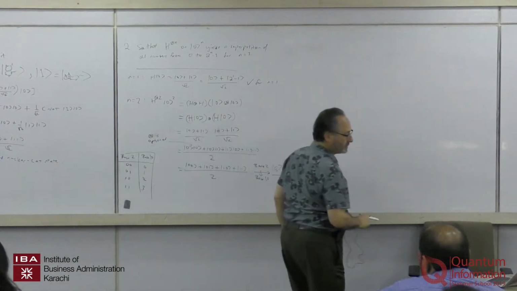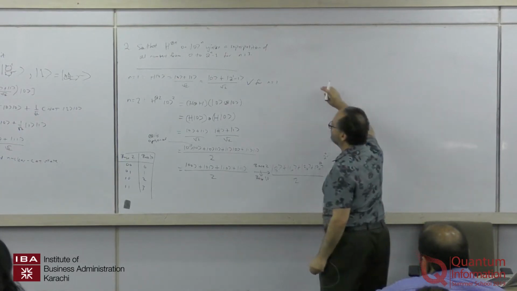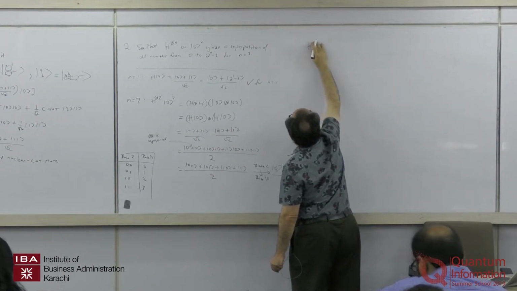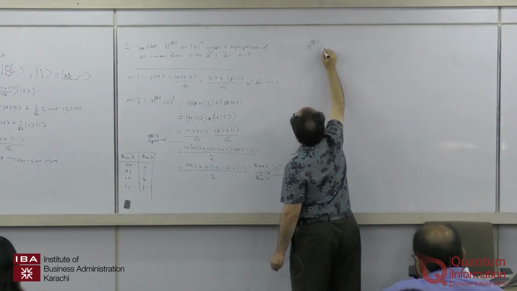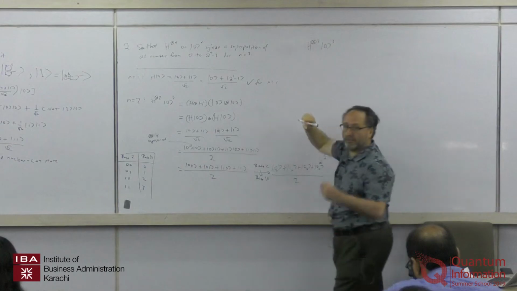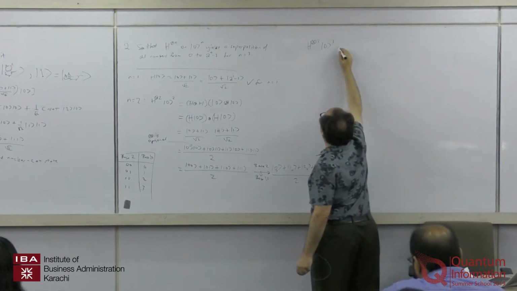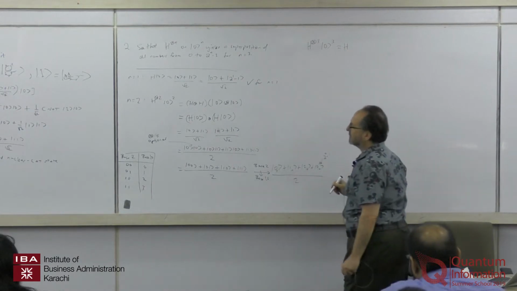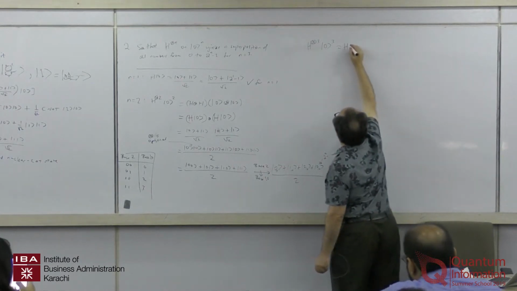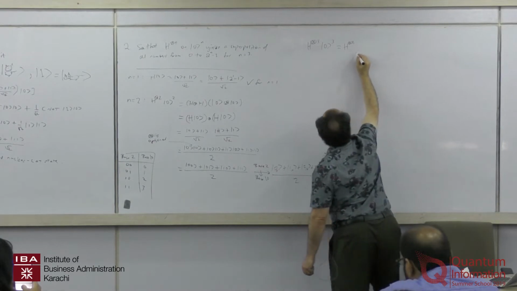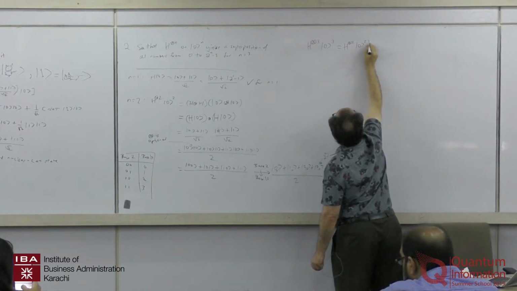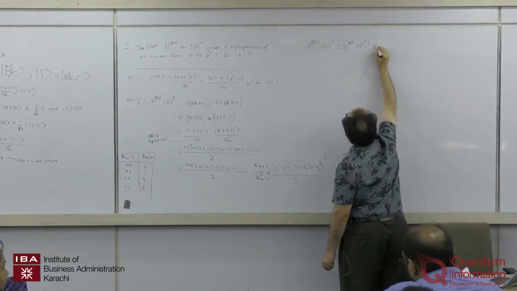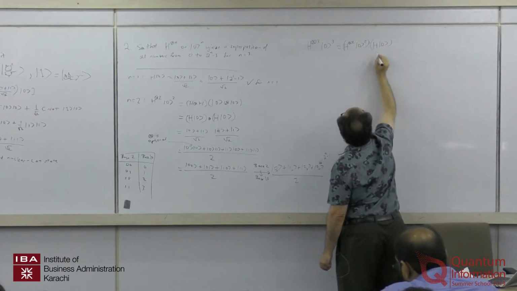So we'll just do H tensor 3 acting on 0, 3 is just equal to H, which way should I do it? Left. I'll do H tensor 2, 0, 2, which we've just done, with H on 0.